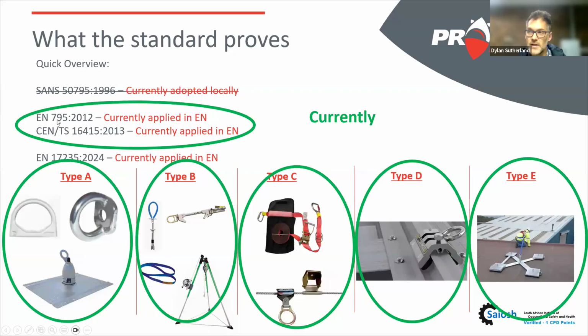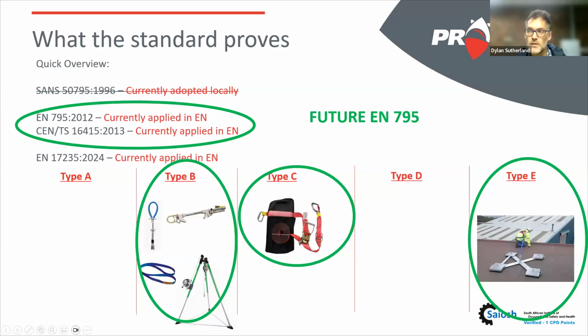This EN 795 standard, though, was not intentioned for permanent. When it was developed, the intention was more for temporary and mobile anchors. So in the future, how this would look is EN 795 plus the technical standard will cover these specific elements.